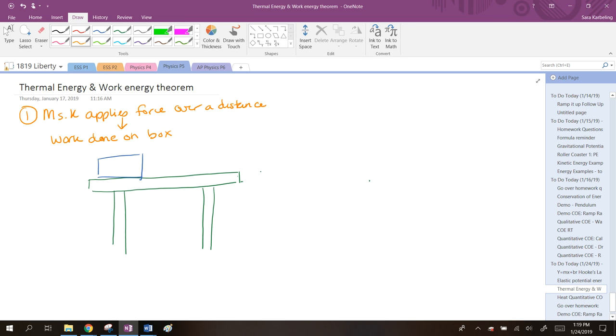And because I've done work on the Kleenex box, I am changing the amount of energy that the Kleenex box has. So then the box has kinetic energy. Here is my force, over some distance, and in doing so, my box now has kinetic energy.